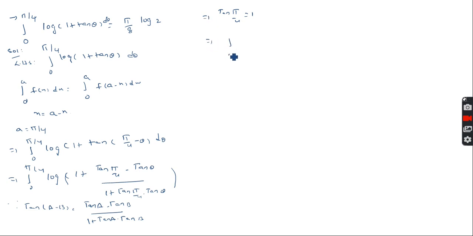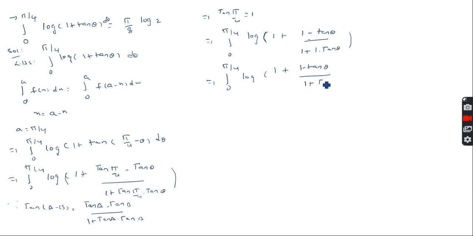So we get the integral from 0 to pi by 4 of log of 1 plus tan pi by 4, and tan pi by 4 is 1. We substitute: 1 minus tan theta by 1 plus 1 into tan theta. So we get log of 1 plus 1 minus tan theta by 1 plus tan theta.